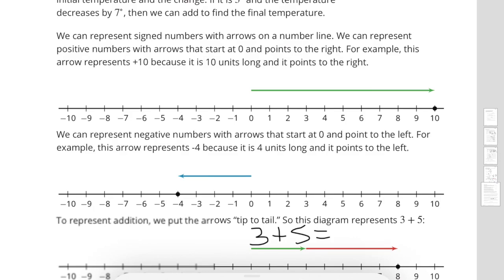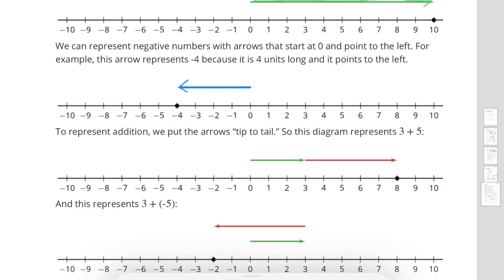In this first number line, you see that to represent positive 10, you start at 0 and you move all the way to positive 10. On the second number line, to represent negative 4, you start at 0, but you're moving to the left because it's a negative, and you land at negative 4. On the third number line, to represent addition, we put the arrows tip to tail.